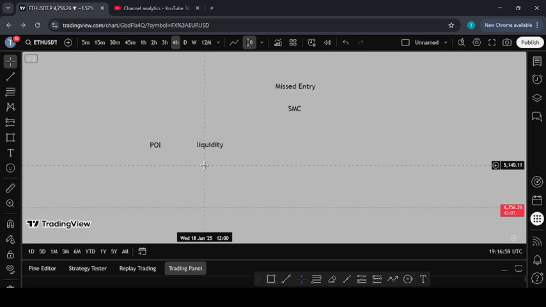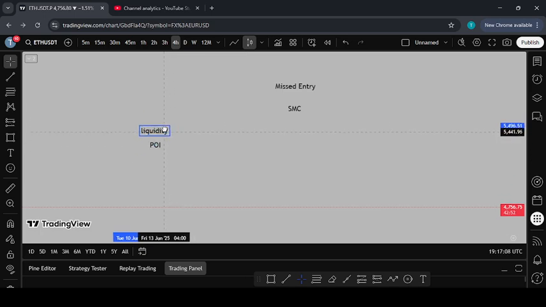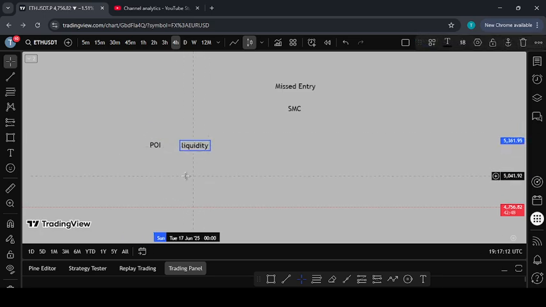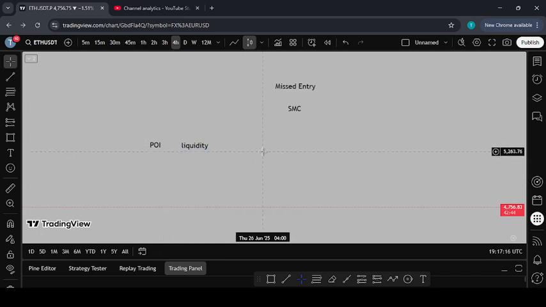So if you have several points of interest and price is coming, the first point of interest you want to look out for is the one that has liquidity close to it, either up or down, depending on the market structure. This is one thing we look out for before we pick a point of interest to take trades from on lower time frame.